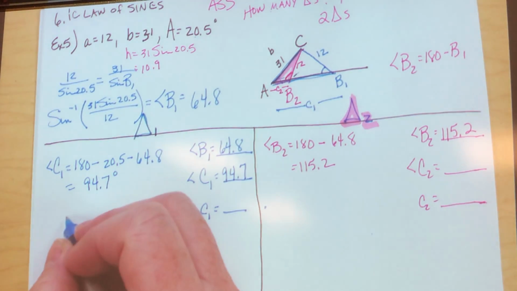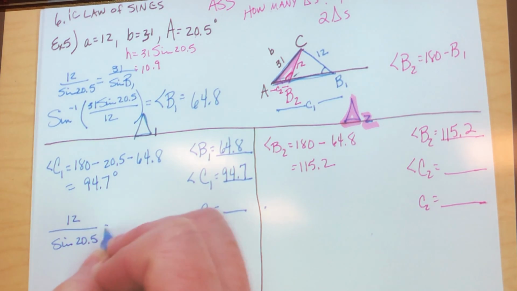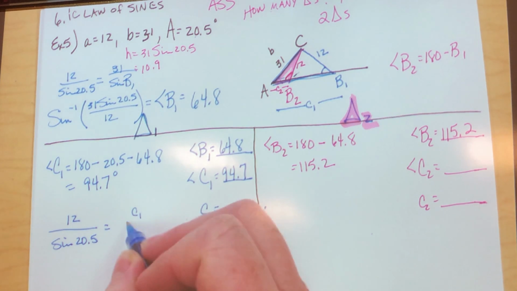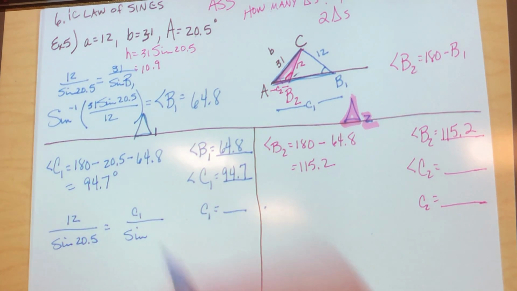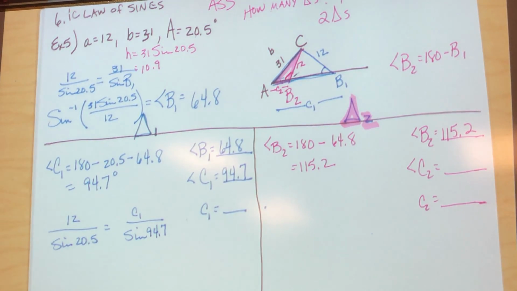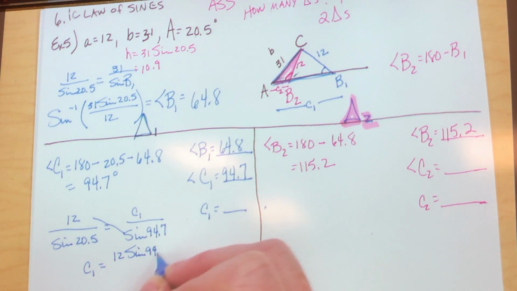So now I'm going to say, I'm going to write that right there. Okay? I'm going to say 12 is to the sine of 20.5 as, I don't know what C1 is. I'm looking for it. C1 is to the sine of angle C1. What's angle C1? Perfect, 94.7. So C1 is equal to, the two that I do know go on the top, 12 times the sine of 94.7.